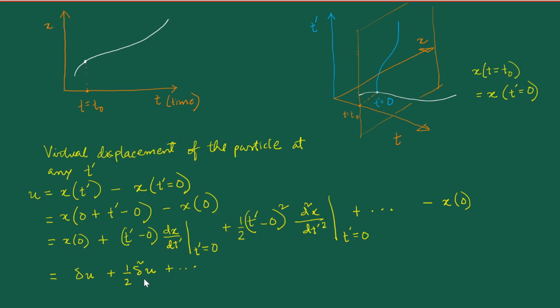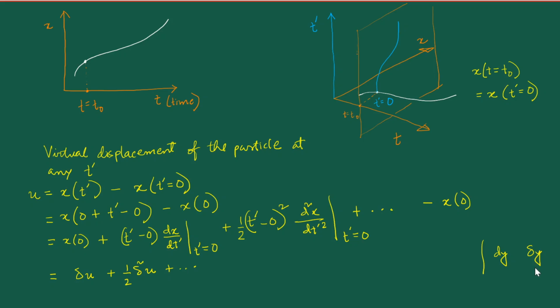So you go back to our discussions in calculus of variations where we made a strict distinction between dy and delta y. dy is always accompanied by changes in the independent variable, which is dx, but delta y is changes in y keeping x, the independent variable, constant.